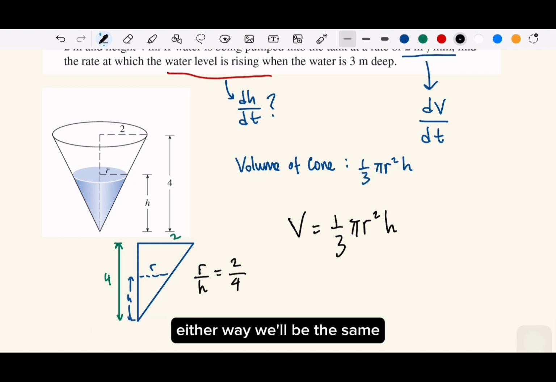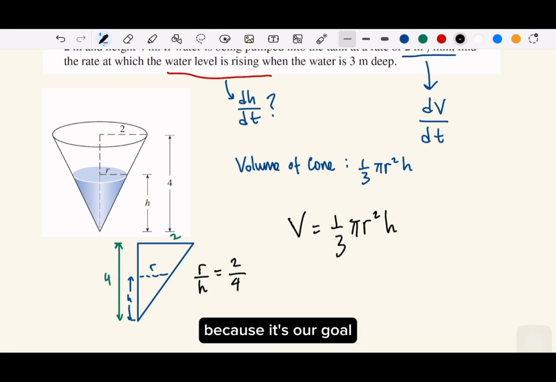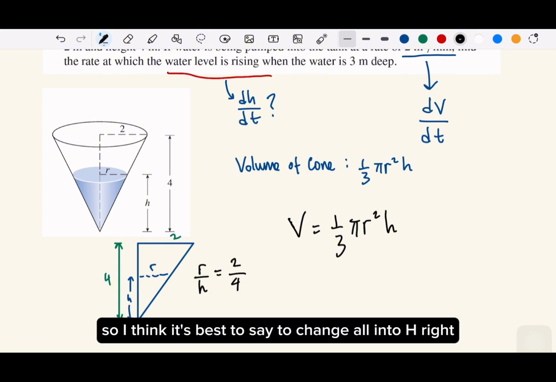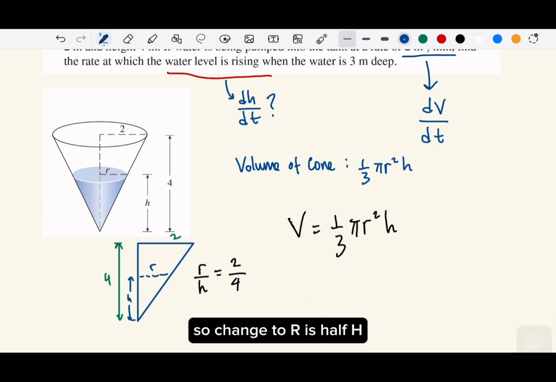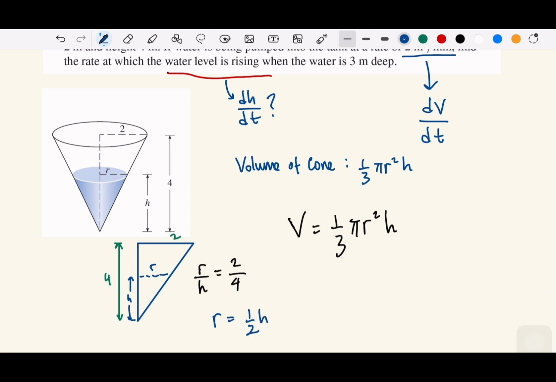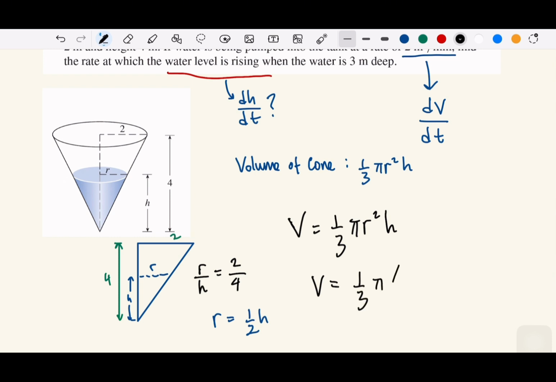Either way will be the same, but we want to make sure that we get this right, because this is our goal. So I think it's best to change everything into H, so then we can directly get dH/dt. So change to R is half H, and change the equation.